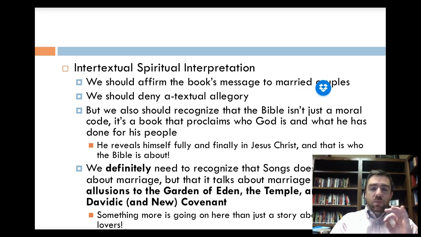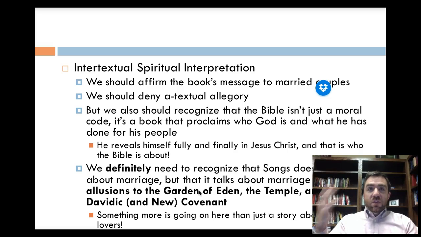So I'm going to just briefly go through these, but I want you to hear this. The textual evidence is actually very clear that Songs is about more than a sex manual. It clearly alludes to the Garden of Eden. It clearly alludes to the temple. It clearly alludes to the Davidic covenant. It clearly alludes to Lady Wisdom. And it has very clear eschatological language.